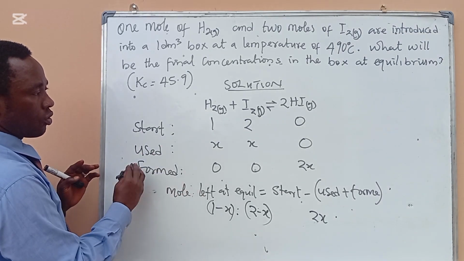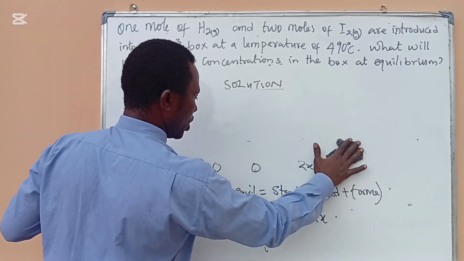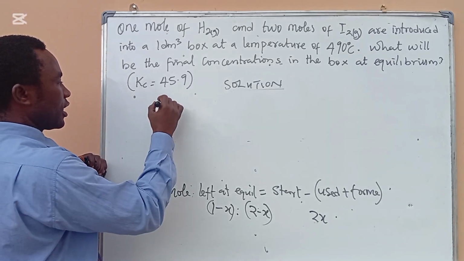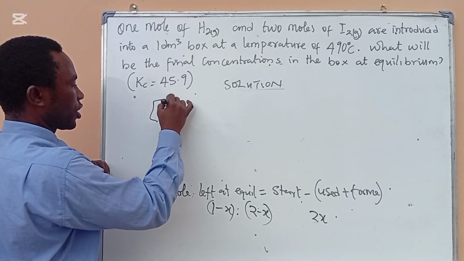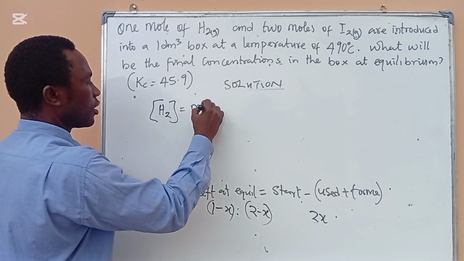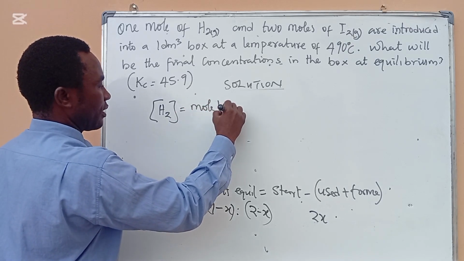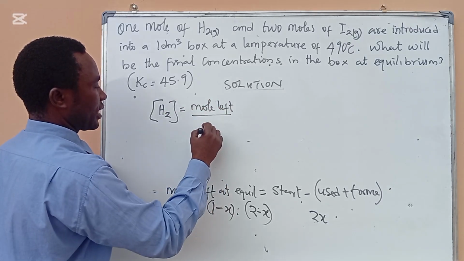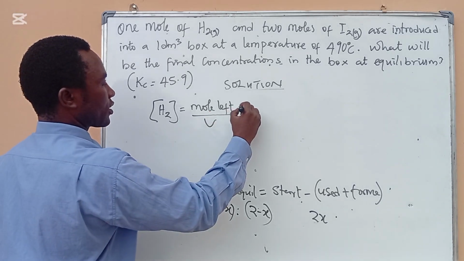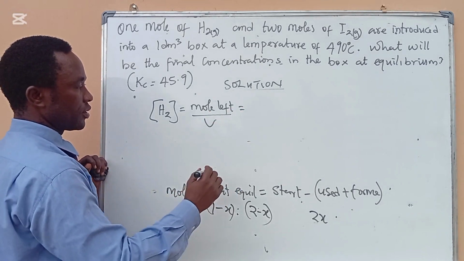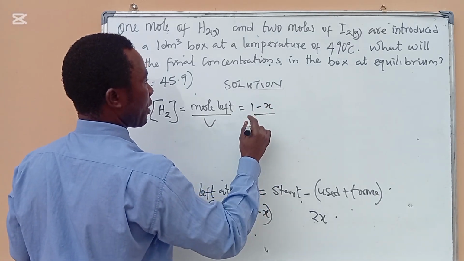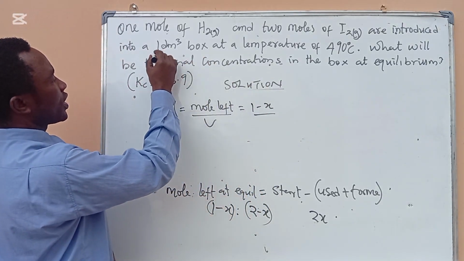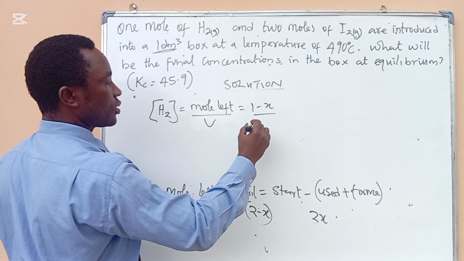Now, permit me to wipe the board. If we want to get the concentration of hydrogen, it will be equal to the mole left at equilibrium divided by the volume. The mole left at equilibrium for hydrogen is 1 minus X, divided by, remember it is introduced in 1 dm cube, so divided by 1.